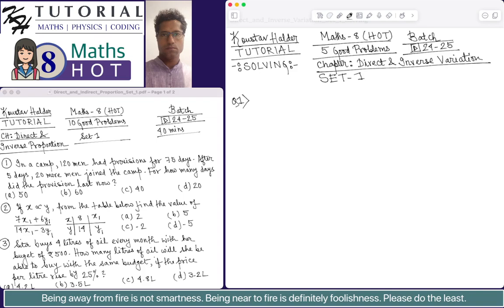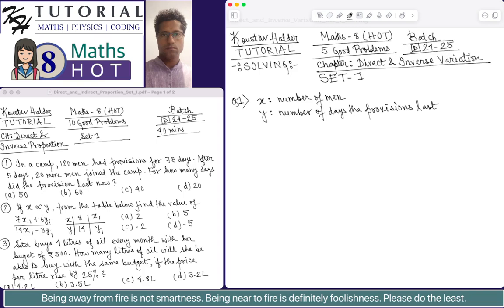So if we consider the two quantities as x to be the number of men, and y to be the number of days the provisions last, these are the two quantities that we need to focus on. So x is the number of men and y is the number of days the provisions last.